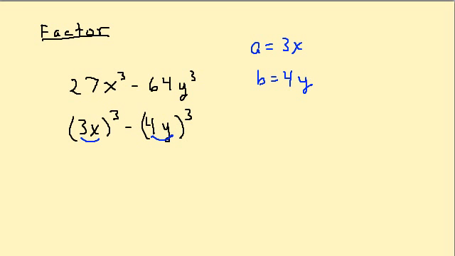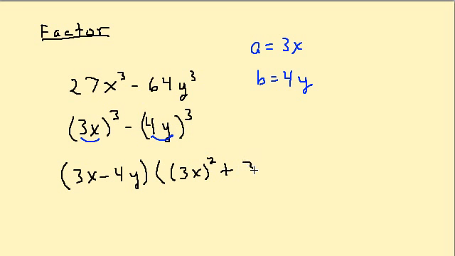So now all I do is plug it into the formula. So I have a minus b, or 3x minus 4y, times a squared, so that's 3x, all of that squared, and then this is minus, so in my formula I've got plus a times b, which is 4y, plus b squared, or 4y squared.